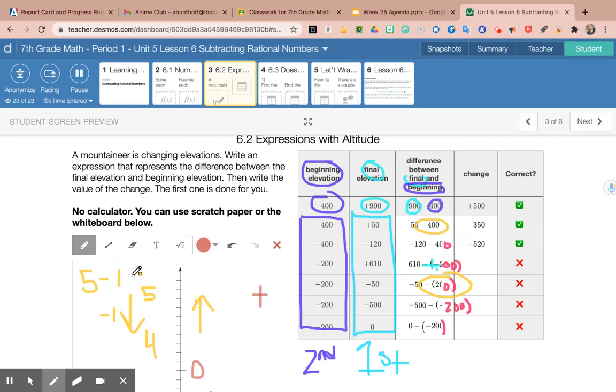So since subtracting a positive already takes the direction of going down, subtracting a negative, like if this was negative 1, that would have to go up because negatives and positives are opposites. So 5 minus 1 is 4, it went down. 5 minus negative 1 has to go up and be 6. So subtracting a negative has only one option, which is to go up. So keep that in mind.